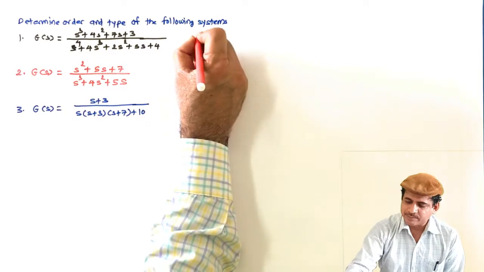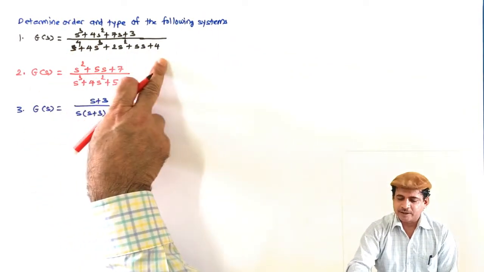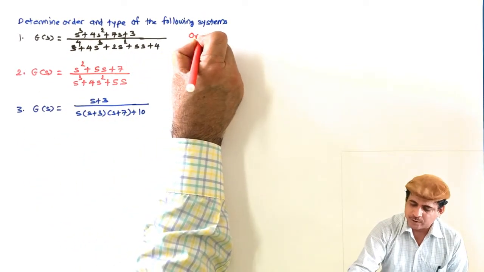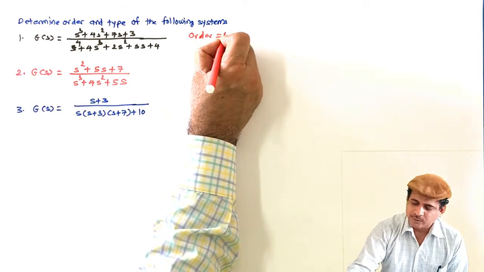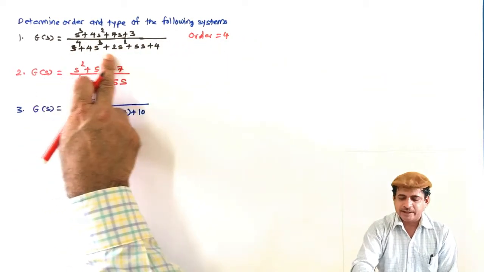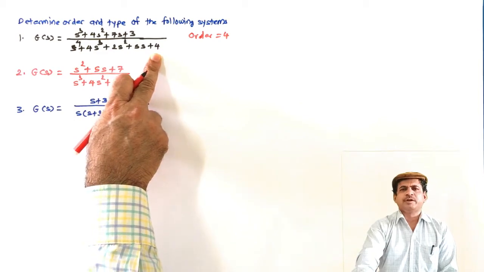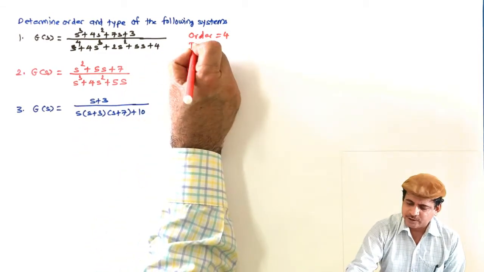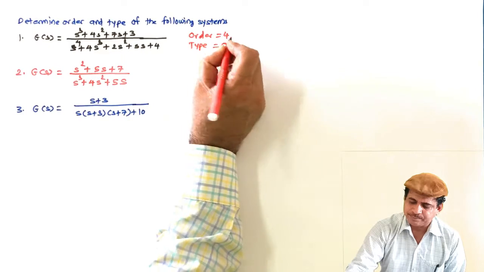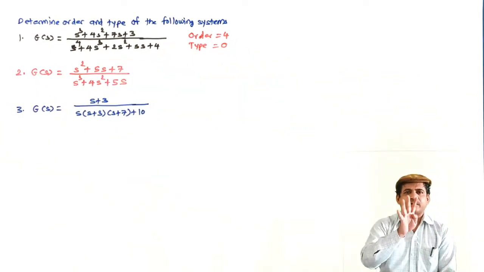So for the first example, the highest power of s is 4, so order equal to 4, and you cannot take any s common from this, so none of the poles is at origin. So type is 0. So this is a fourth order type 0 system.